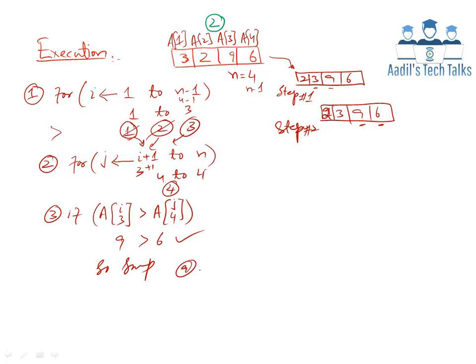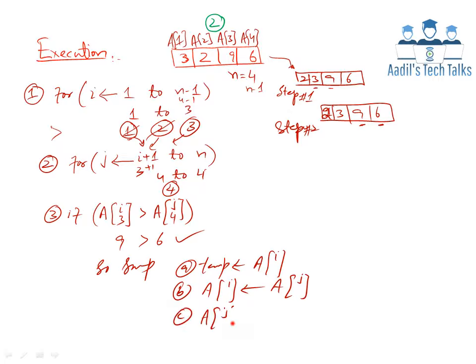Step: temp gets A[i], A[i] gets A[j], A[j] gets temp. A[i] is A3, A[j] is A4. On A3 we have 9, so 9 is stored in the temporary variable temp.